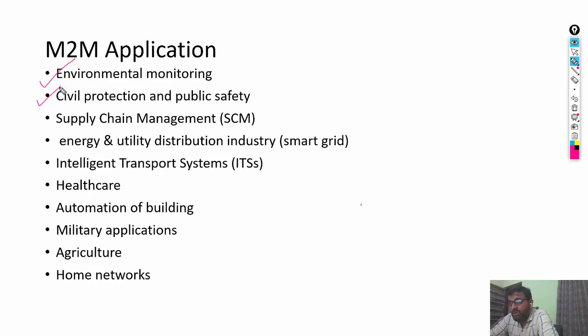So this particular network, this machine to machine application, we are using for the safety of civilians, for protection purposes, and also to monitor militant activity at the border region. We are also using machine to machine communication in business and supply chain management.